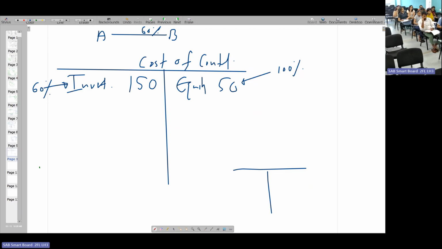එතකොට how to measure NCI? Proportionate value of net asset. What is the net asset? 50. What is the proportionate value? 20, that is 50 into 40%. Double entry.